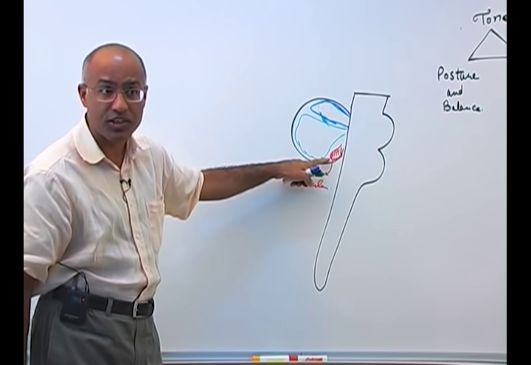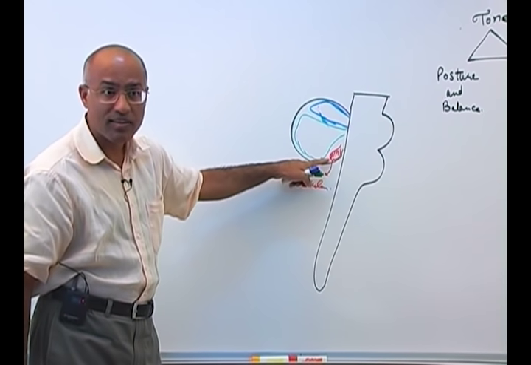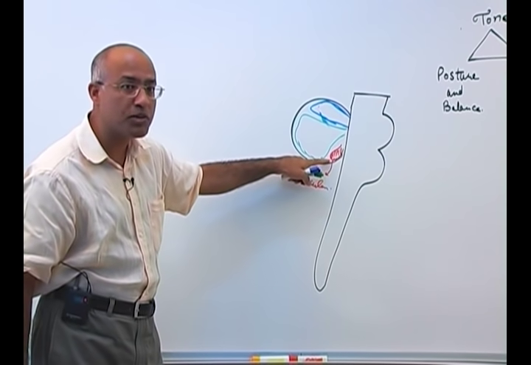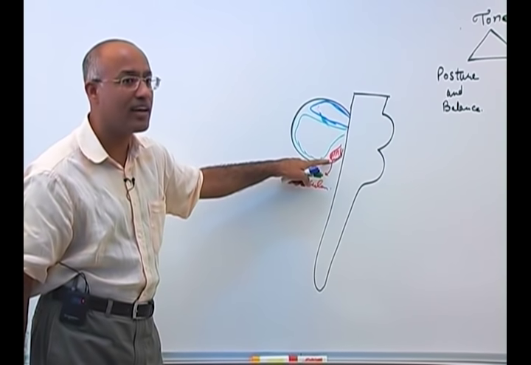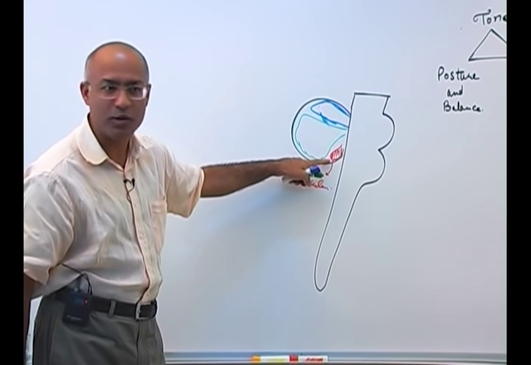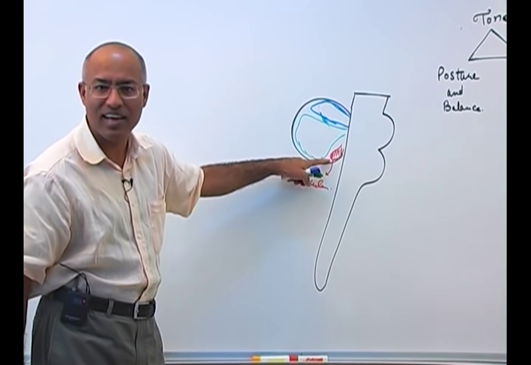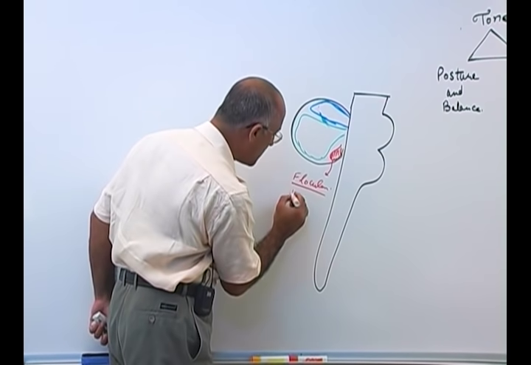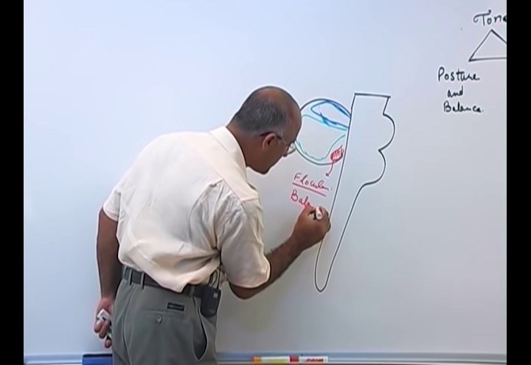It is present in the fish. It means if it is primitive, it must be doing some very primitive function like balance. So the flocculonodular lobe is concerned with balance.